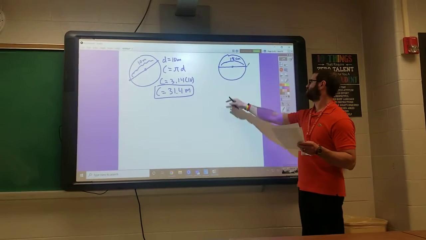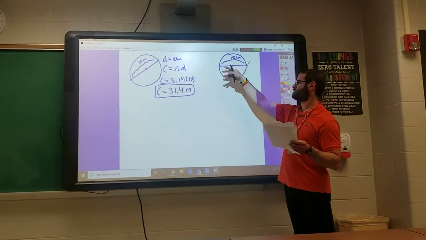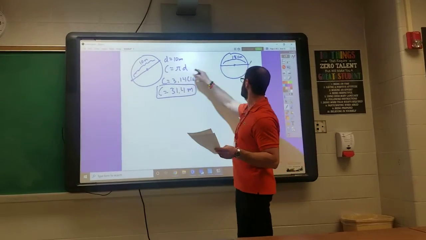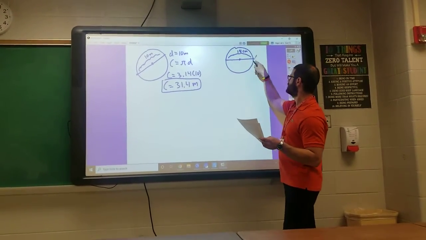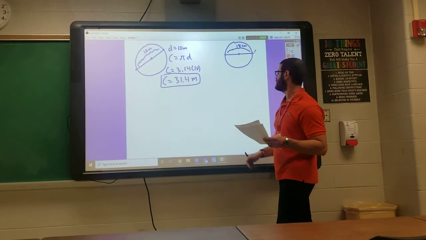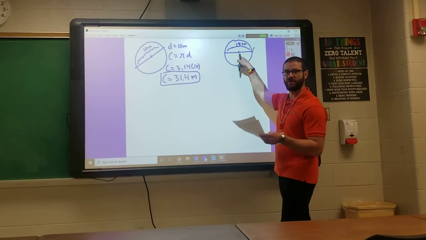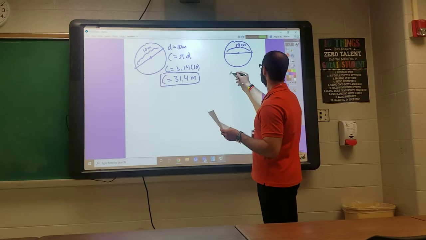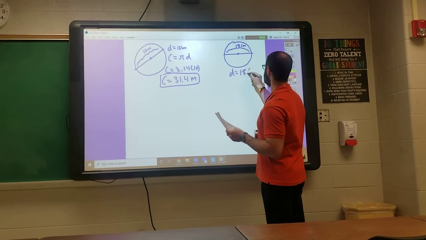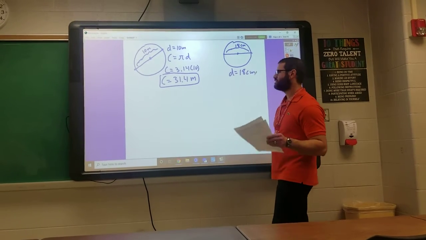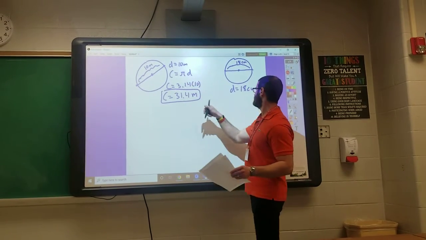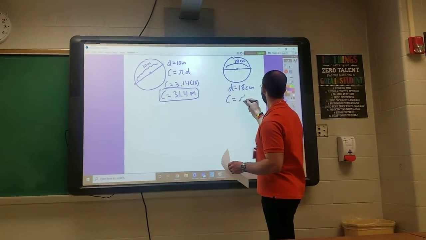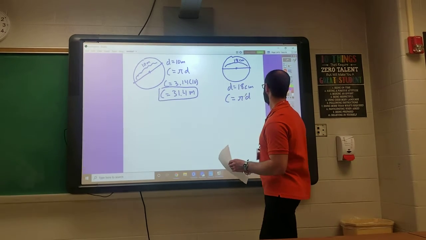You should be telling me that 18 centimeters represents a diameter, right? Because it's this entire distance across the circle through the center. The diameter has 2 endpoints on the circle and passes through the center of the circle. So diameter equals 18 centimeters, which means I'm still going to use that same formula as I used for the last example. Circumference equals pi times diameter, pi times d.